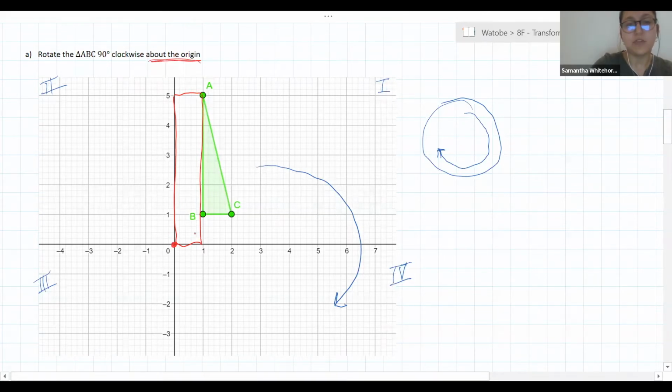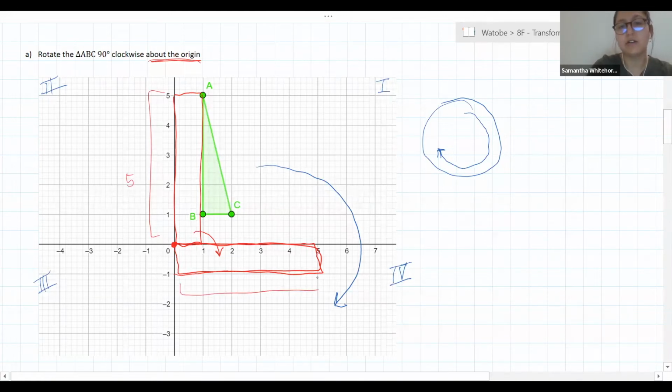And so if I now rotate this rectangle 90 degrees, it is going to lie flat. It's going to remain the same shape and the same size, but now it has been turned. This rectangle is still 5 units long and is still 1 unit wide. It has just rotated 90 degrees clockwise.